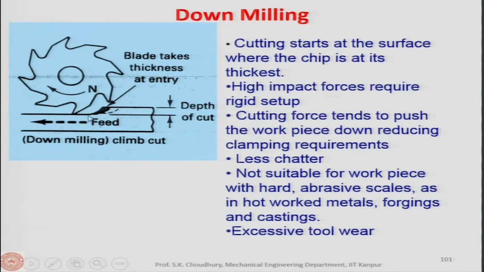Now, chatter will be less, because t1 starts from the maximum, that is one point. Down milling is not suitable for workpieces with hard abrasive scales, as in hot worked metals, forgings and castings. As I said, if scales are present on the workpiece surface, this grabbing of the tool at once with maximum t1, particularly when the workpiece material is harder, like if the scales are there, I already explained what scales are.